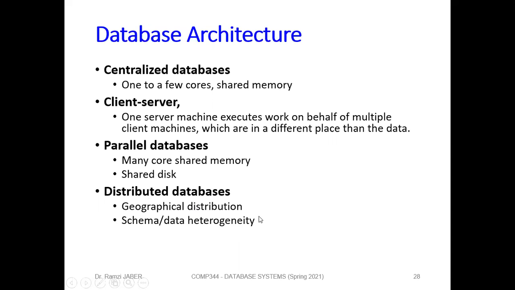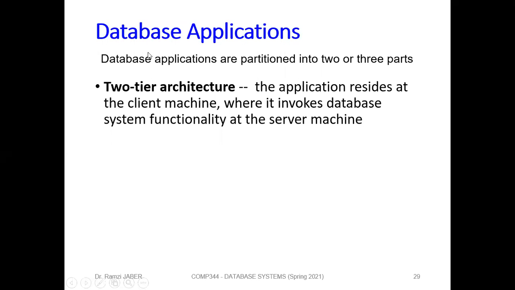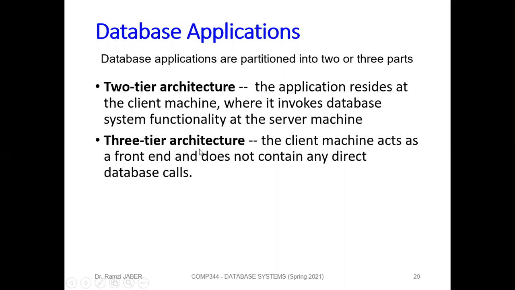Schema, data heterogeneity. Now we have the database application. We have two-tier architecture and three-tier architecture. In two-tier architecture, the application resides at the client machine, where it invokes database system functionality on a server machine. So the client machine calls the database directly. Whereas in three-tier architecture, the client machine acts as a front end and does not contain any direct database code.